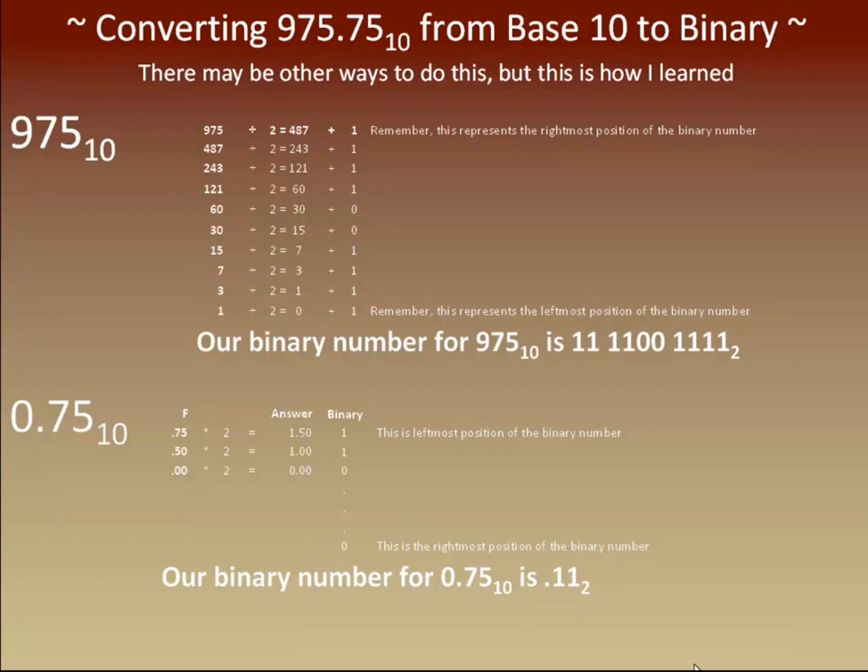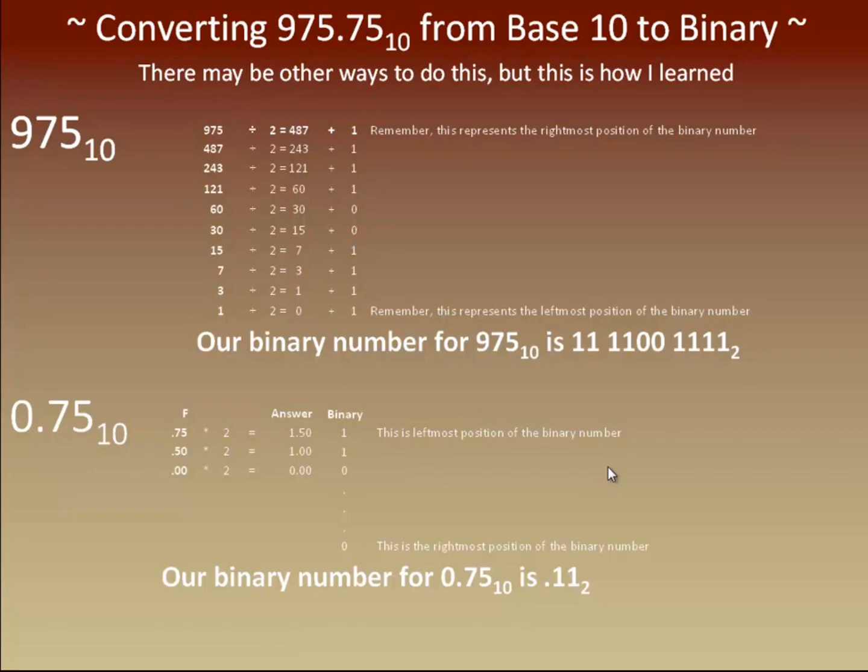Now here with 0.75, we can see that by the time we get to the third iteration, we've already reached our 0. Our first number in binary is our leftmost position right after the decimal point. We have a 1, and then we have another 1, and then everything else after that will be zeros all the way up to that 23rd position, because we can't leave it blank. It's got to be a 0 or a 1, so we'll just populate them with zeros.